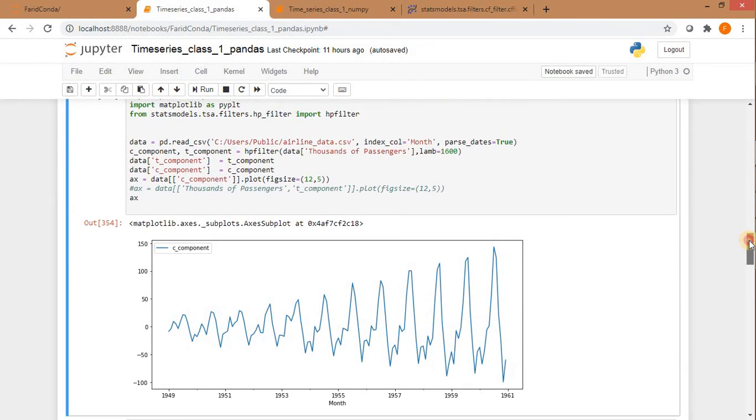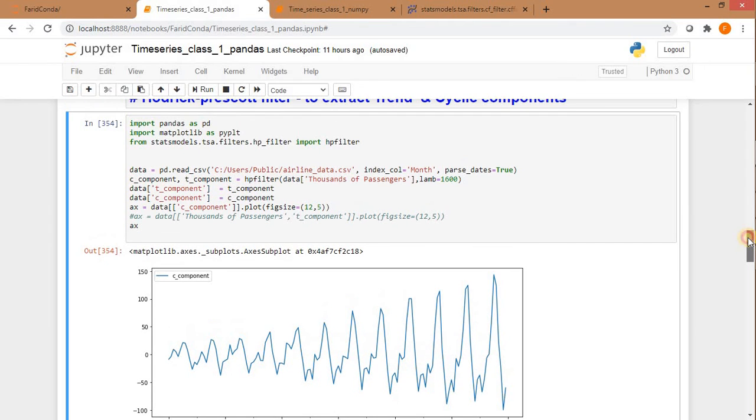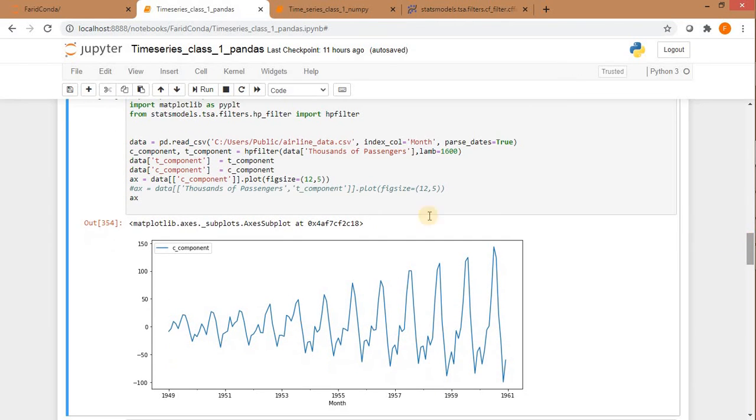Okay, so when we come to the cyclic component, the 0 is the trend, I mean it takes the trend term as a base. So it will be from 0. Think that at the 0 point you have the trend line.